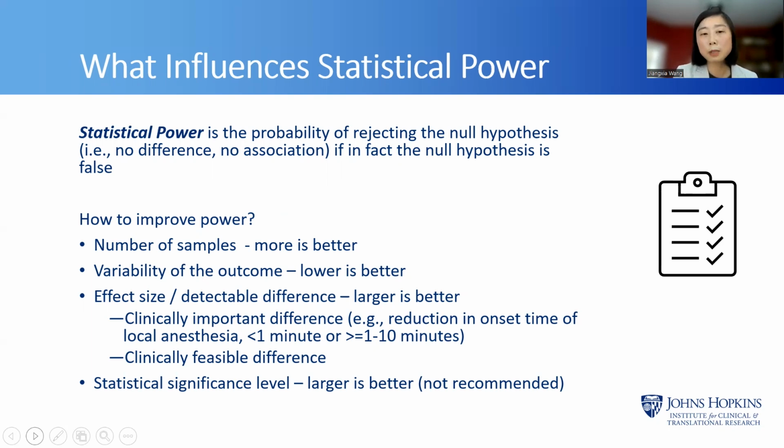The more samples we have, the more power we have in that study. The other one is to reduce the variability of the outcome, because this is related to the effect size. When the variability goes down, the effect size goes up. And then we would achieve more power with that larger effect size.